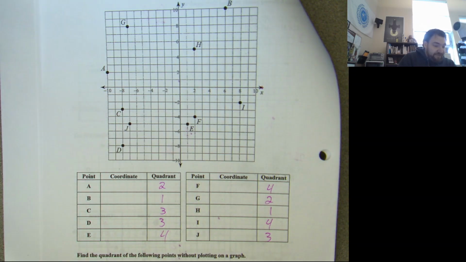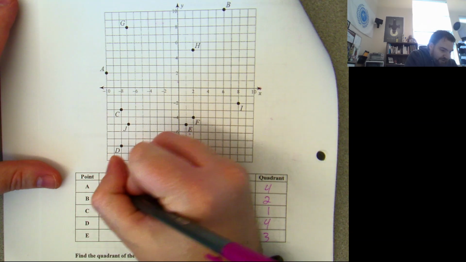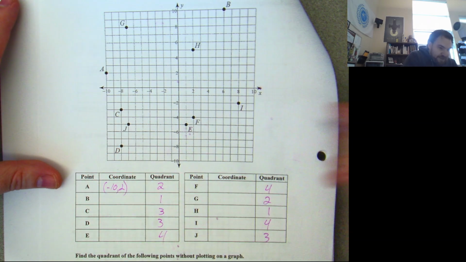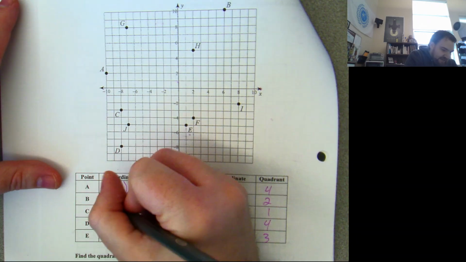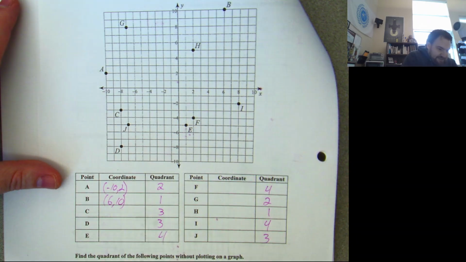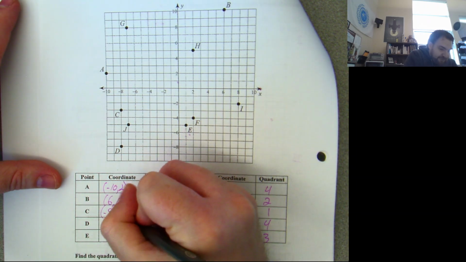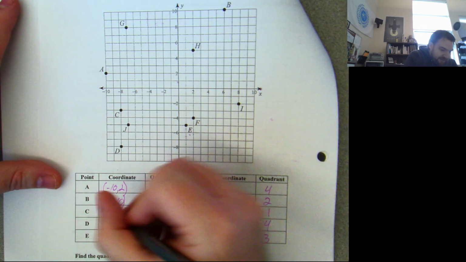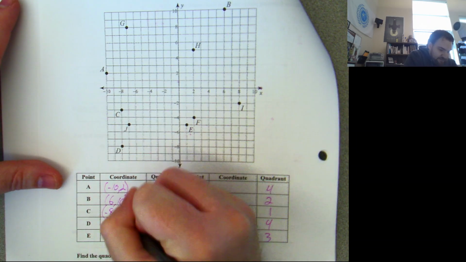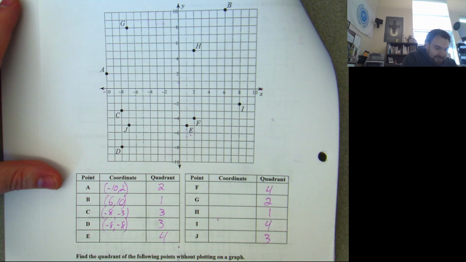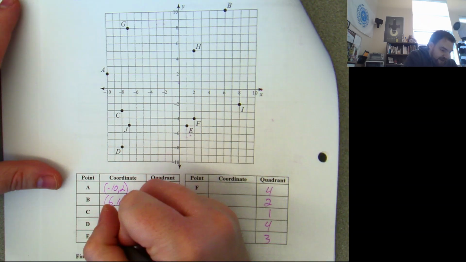The coordinates of A were -10, 2. B would have been 6, 10. C would have been, remember, it's always x first, -8, -3. D would have been -8, -8. E would have been, I don't even know where E is now, 1, -5.